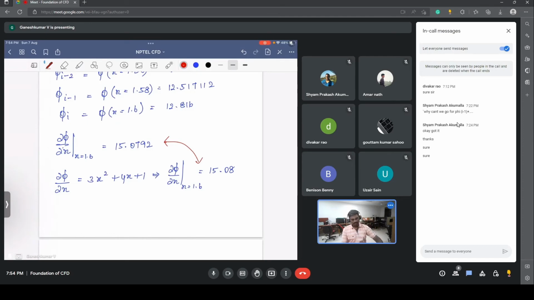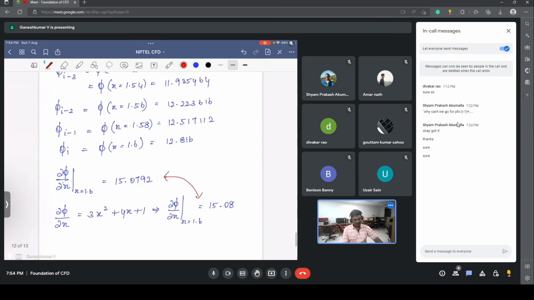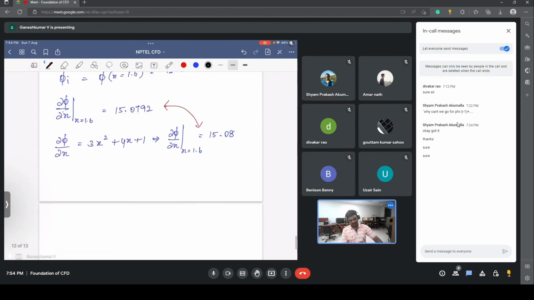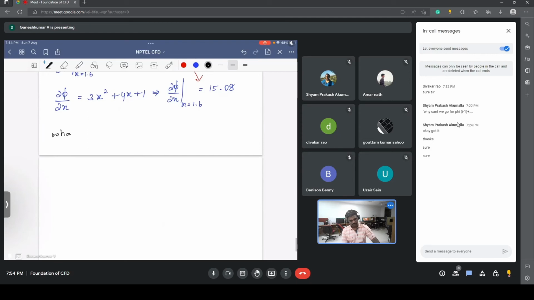Now what if we take delta x to be 0.01, at x equal to 1.6? You can calculate it separately and see what the error is.